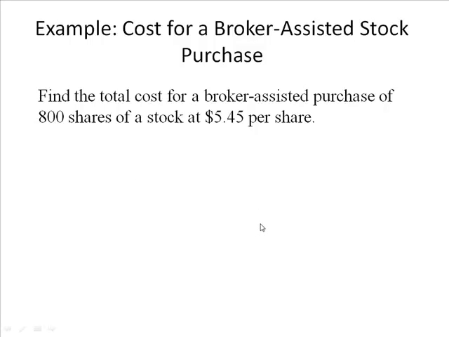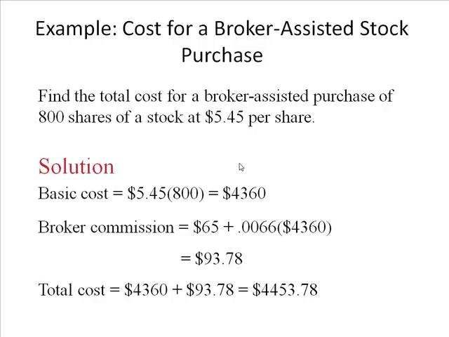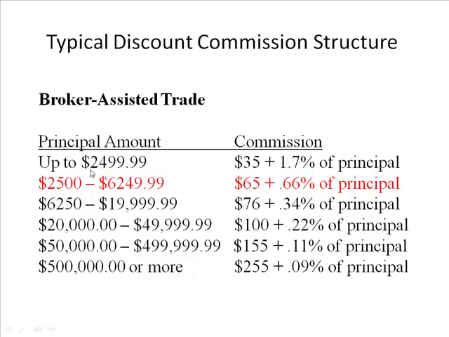Let's find the total cost for a broker-assisted purchase of 800 shares of a stock at $5.45 per share. Our basic cost is $4,360. That would be $5.45 times the 800. Our broker commission we can calculate from the previous table. Here is where our principal amount lies within this range, so we know that our commission is $65 plus 0.66% of the principal.